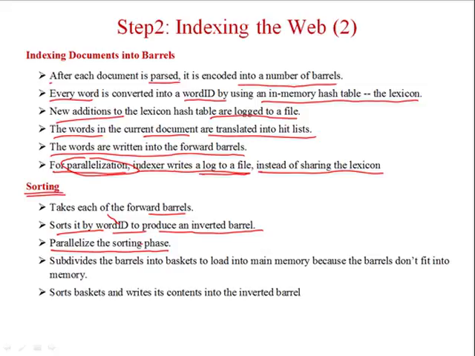This is very helpful in reducing the sorting time. It subdivides the barrel into baskets to load into main memory, because the barrel does not fit into main memory. It sorts the basket and writes its content into the inverted barrel.